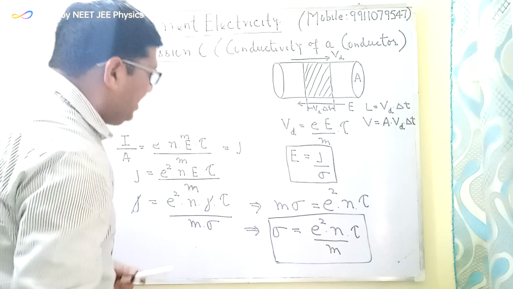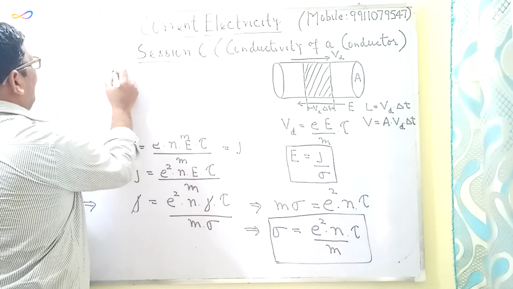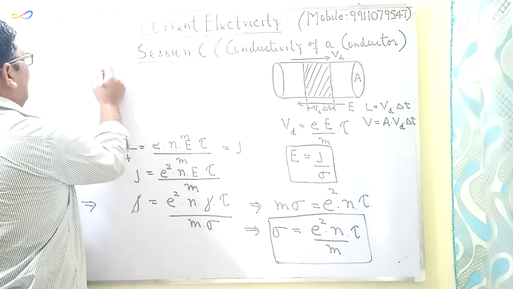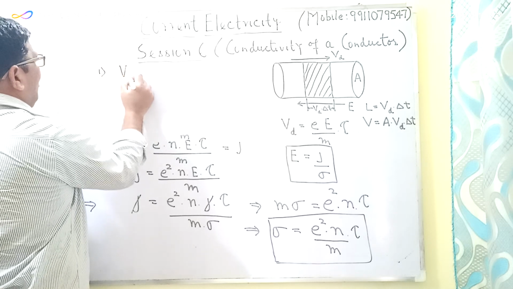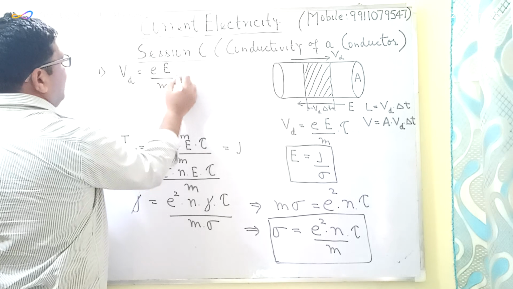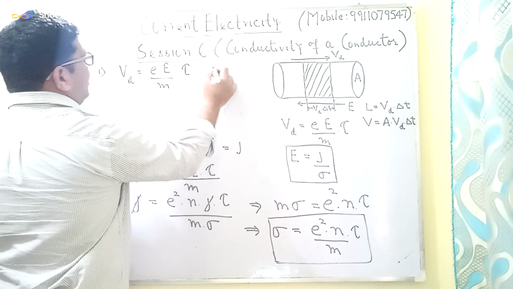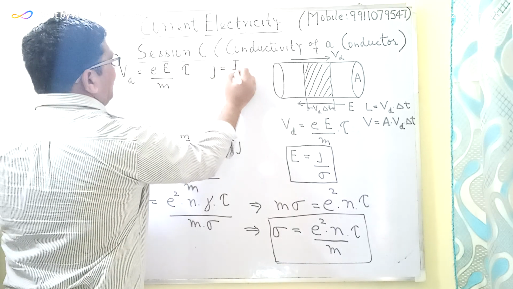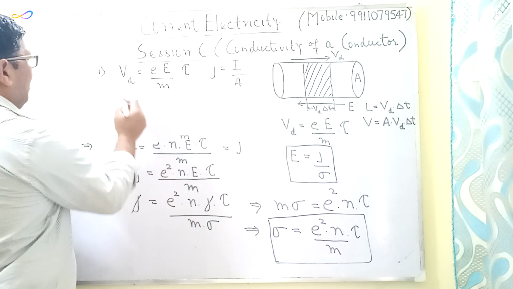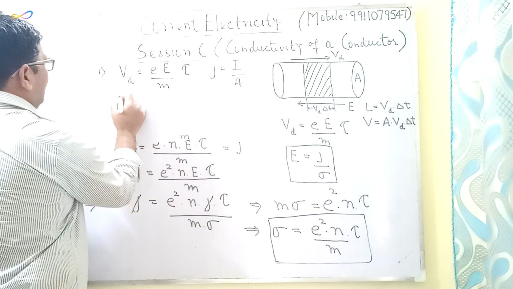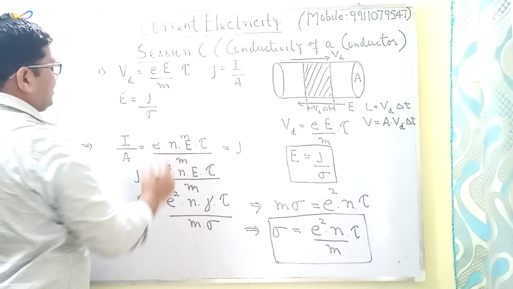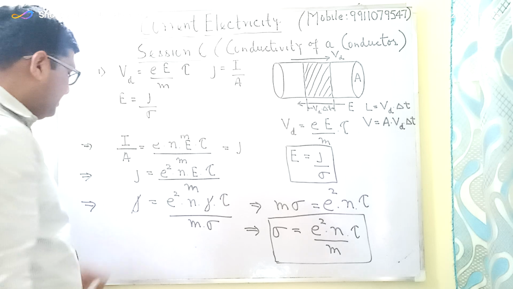Now, summing up, we have got a few important relations which I just want to write here. The first one is the drift velocity, equal to eE divided by m into tau. The current density J is equal to I upon A. Third, the intensity of the electric field is also given by J upon sigma, where sigma is the conductivity of a conductor.